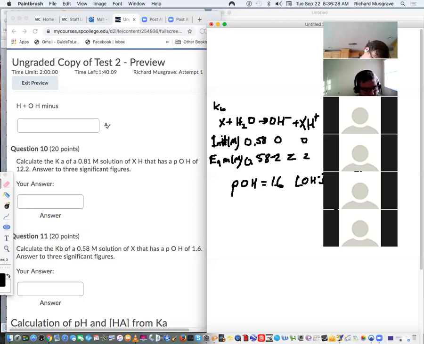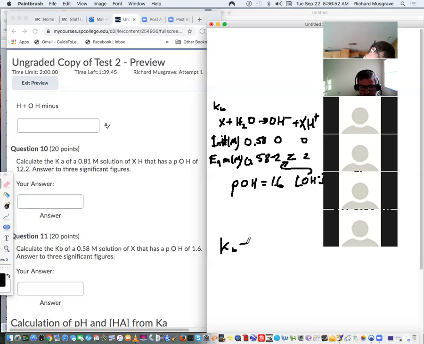And I get 0.025. And that's going to be my Z value as well, because the concentration of OH minus at equilibrium is Z. And we can see that there.